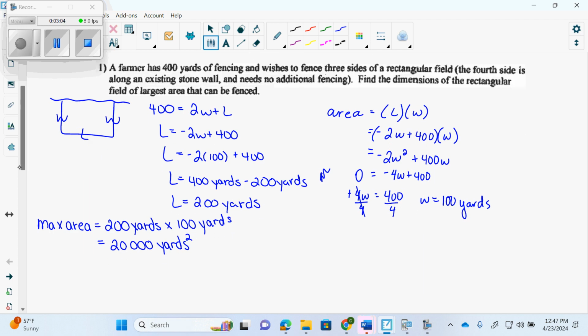Now, did it ask us for the maximum area? Did it ask us for the max area? Or did it tell us to find the dimensions of the rectangle? Dimensions. So I showed you max area because you can be asked for max area, or you can be asked for dimensions, or you can be asked for both, right?